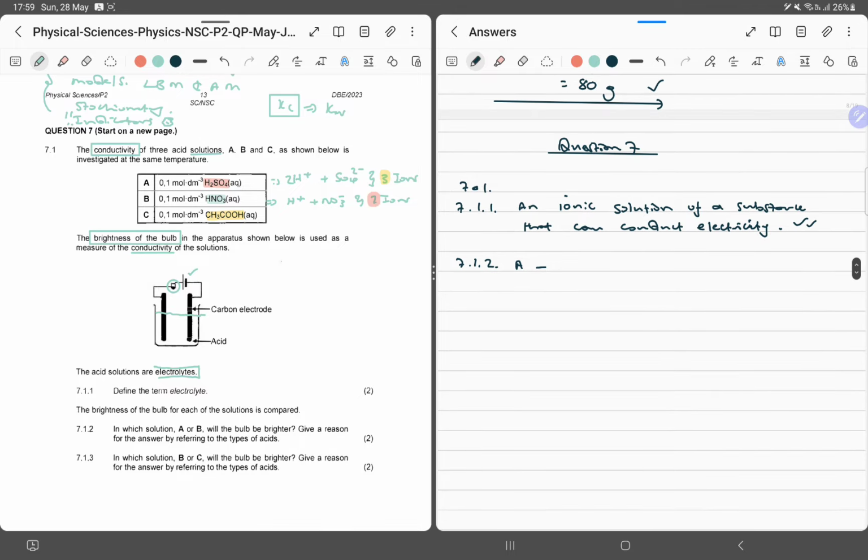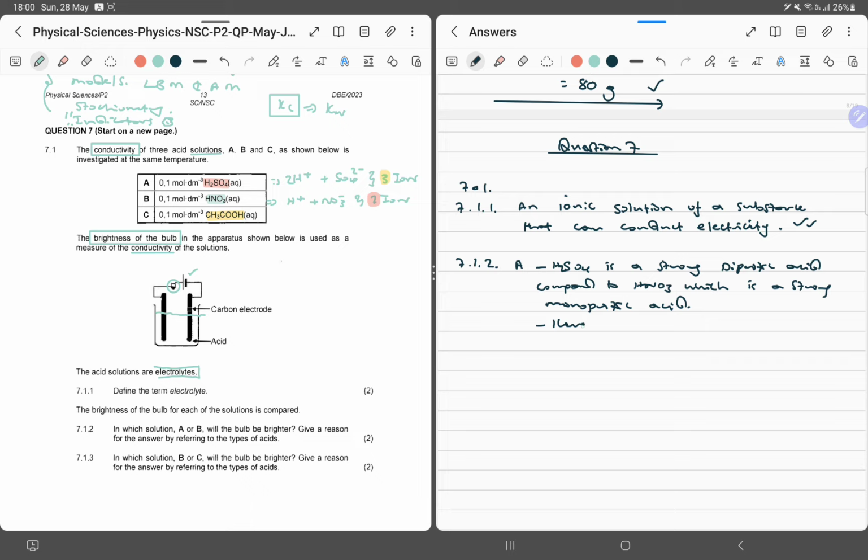Why? We know that H2SO4 is a strong diprotic acid compared to HNO3, which is a strong monoprotic acid.